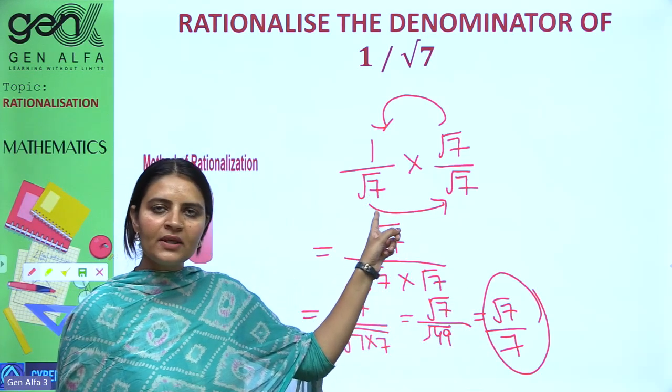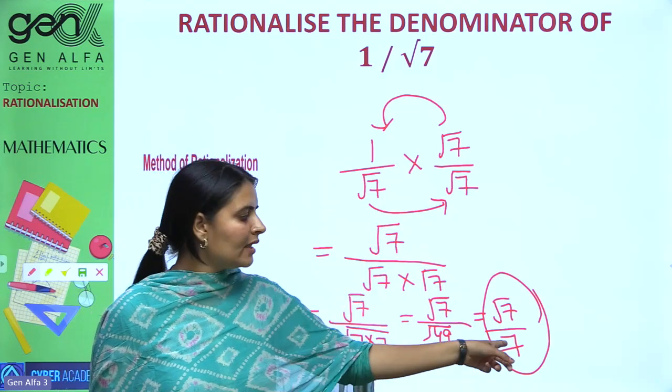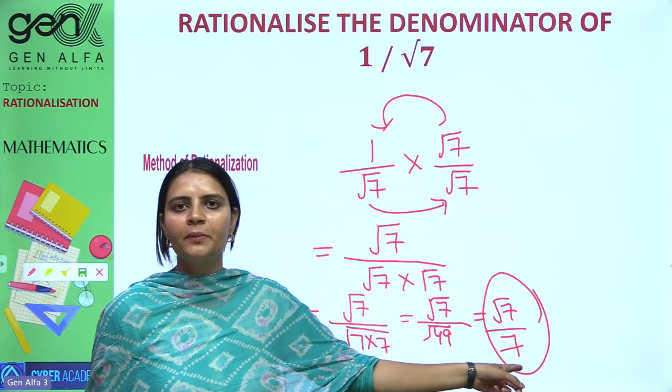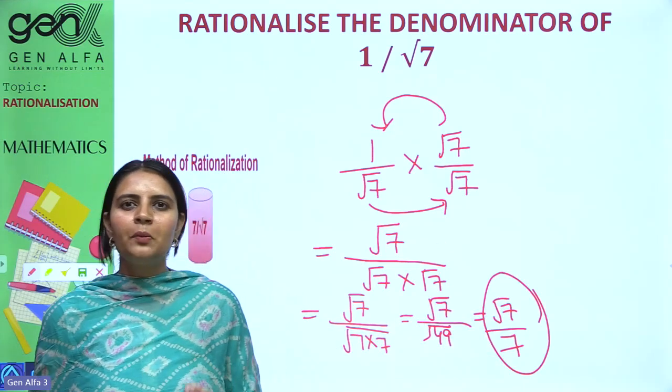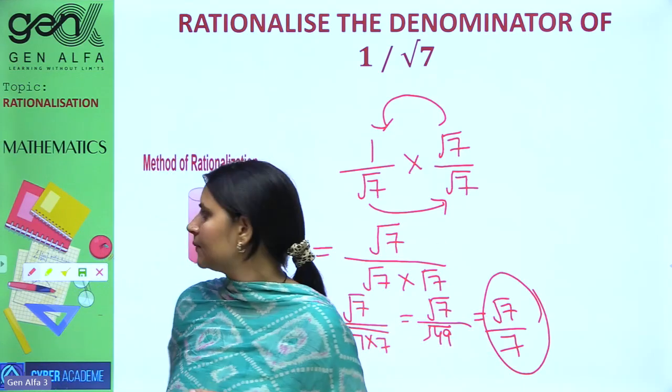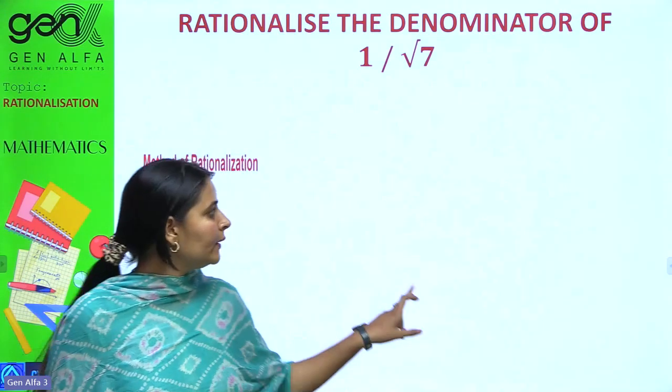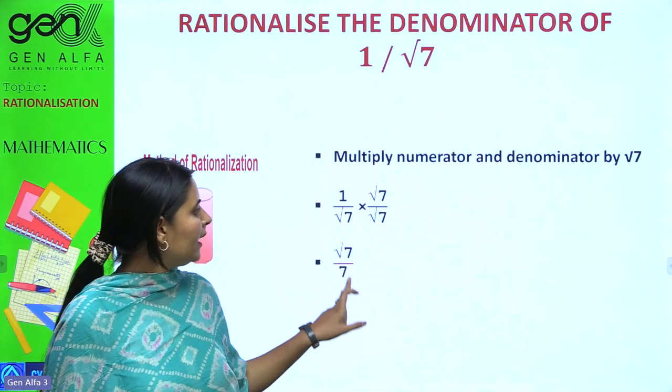Initially, the root was present in the denominator, but the answer does not contain the root in the denominator. We don't care if the root is present in the numerator. It doesn't make our calculation harder. Let's just write it in the right manner.